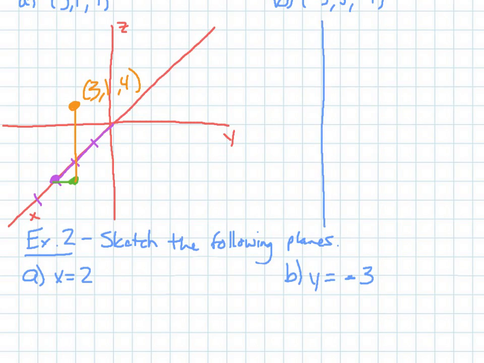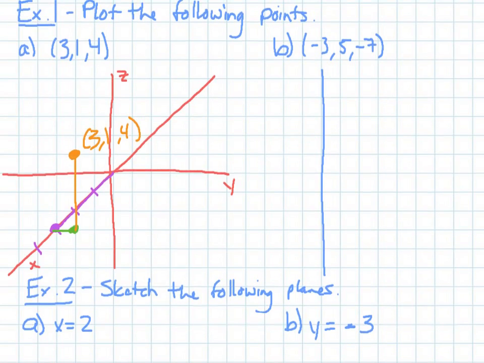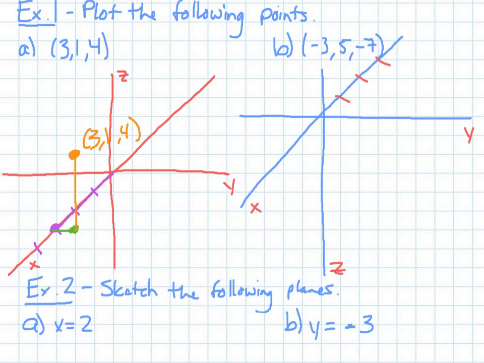That's what I wanted. Okay, so for my x, I go back 3. And then 1, 2, 3, right there.